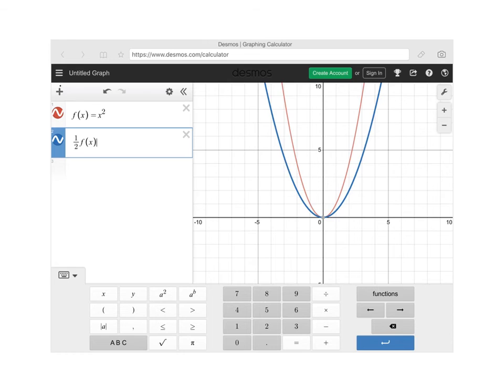Well, because I'm multiplying by things outside the parentheses. So since I'm talking about the output, I'm going to talk about what happened to this parabola in regards to the axis that deals with the output, which is the y-axis, which is the vertical axis. So when I describe what's happening, I'm starting with the word vertical. I'm not going to look at what's happening along the x, doesn't matter, because I'm doing output, which is y, which is vertical.